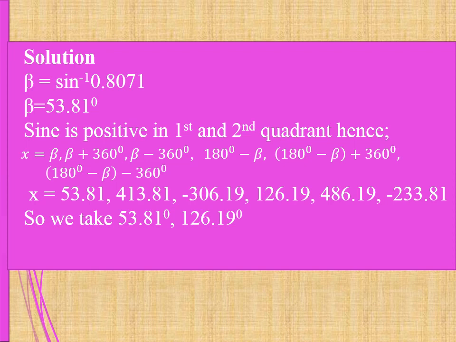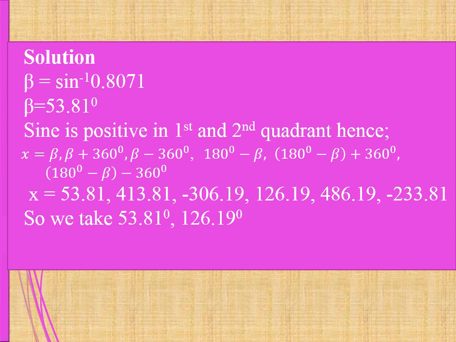Beta is 53.81. Sin is positive in the first and second quadrant, hence x is equivalent to beta, beta plus 360, beta minus 360, 180 minus beta, 180 minus beta plus 360, 180 minus beta minus 360.